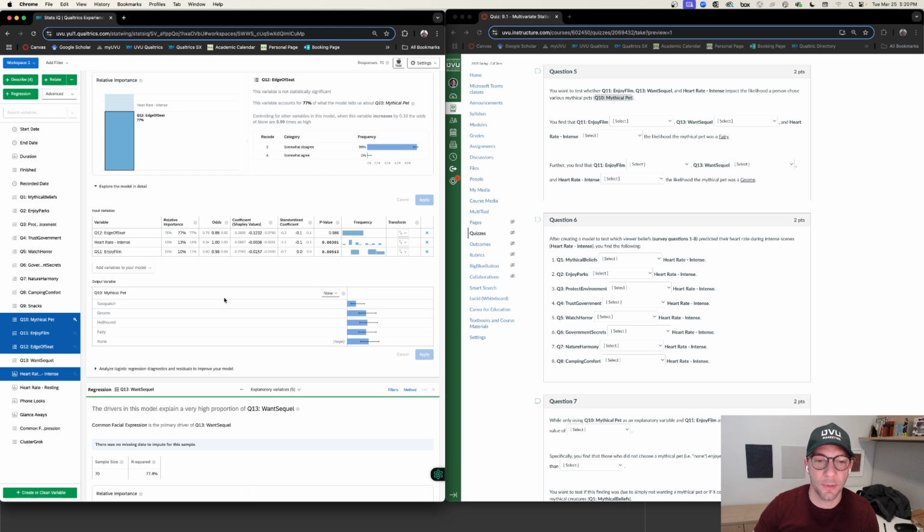Okay, so right now I'm seeing these two are significant. So as heart rate goes up, it's going to lower the odds that they didn't choose a mythical creature, since this is rounding to lower than 1. As their enjoyment of the film increases, it's going to lower the odds that they didn't choose a mythical creature. Okay, and then I'm not seeing anything here for this one.